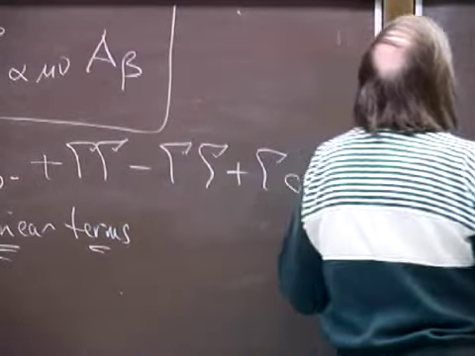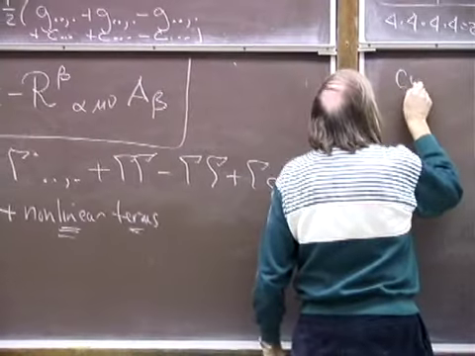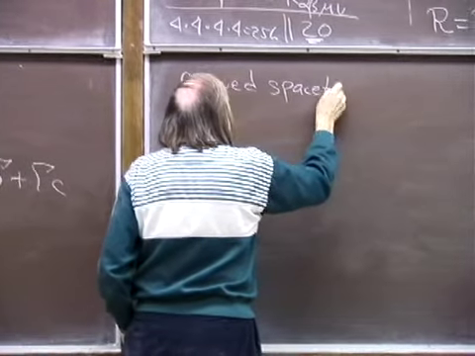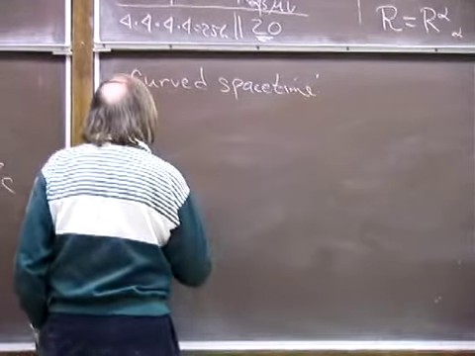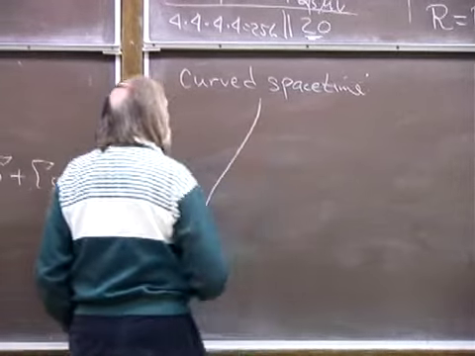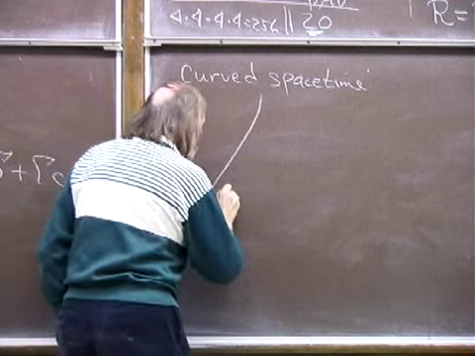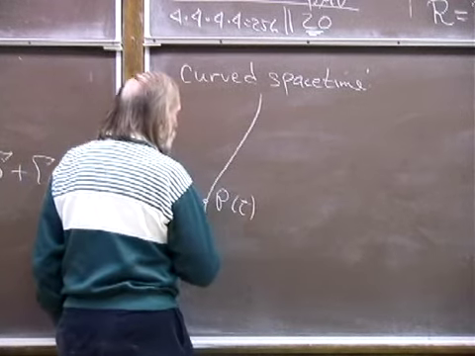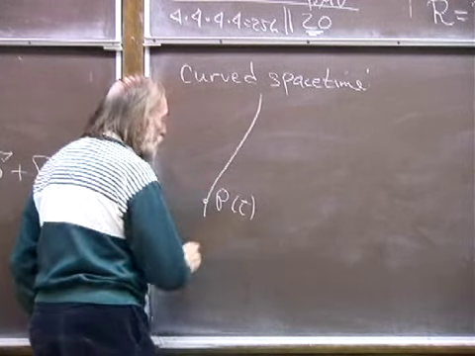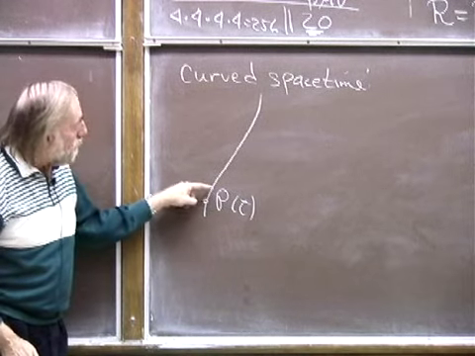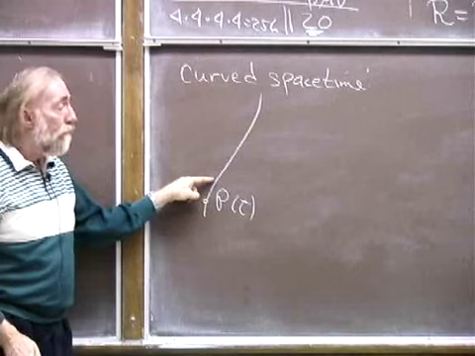So let's suppose that I have, in curved space-time, a particle that's moving along a world line. We can talk about this abstractly. So the world line is a point in space-time as a function of tau, where tau is the proper time ticked by an ideal clock that the particle carries.